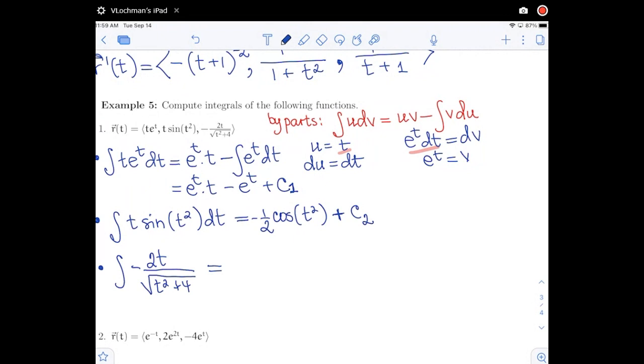You would have your t squared plus 4, that's going to be your u. Why is that? The derivative of t squared plus 4 is 2t, which is exactly what we have, right? 2t dt. Once you set up your u substitution and find the integral, you should get negative 2 square root of t squared plus 4 and constant C3.